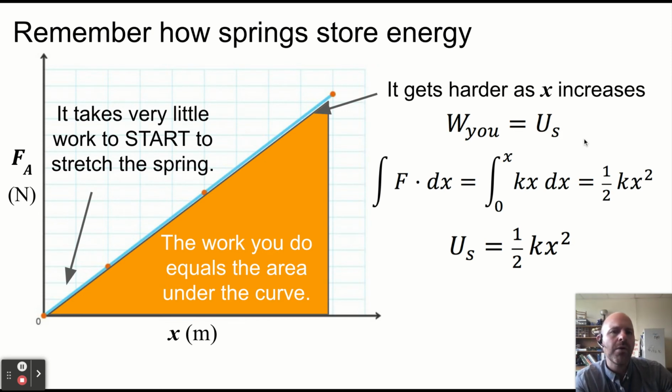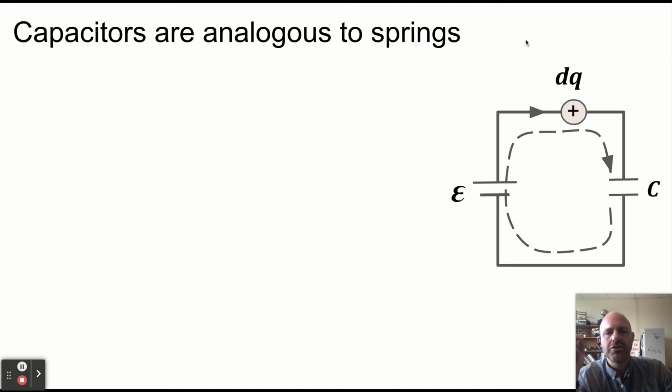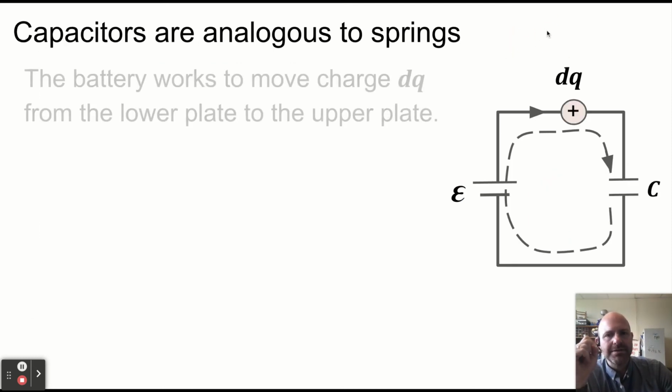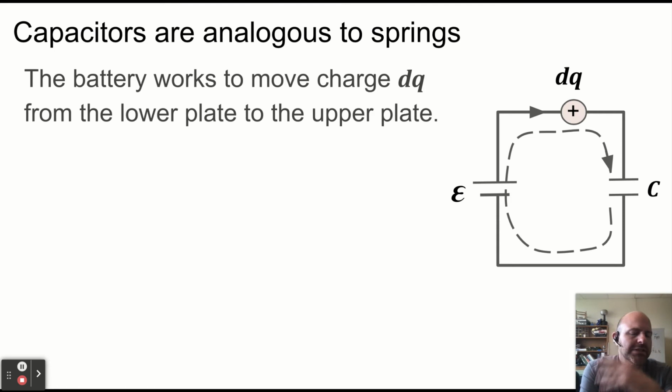We talked about how each time you put more charge on a capacitor, it gets harder and harder to add that charge. As that happens, you need to do more work for each additional charge. That's the premise. You do basically no work to put the first charge on there because there's nothing there to resist it. Then the next one requires a little bit of work, and the next one more and more.